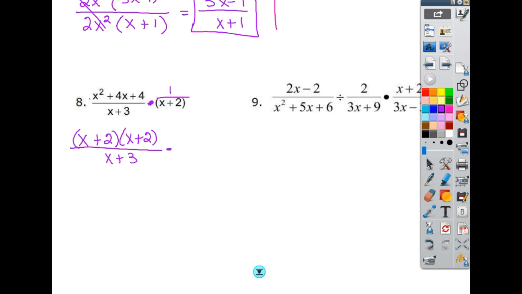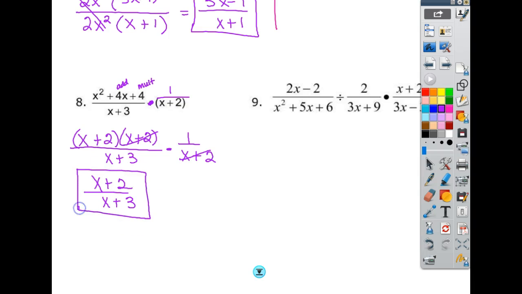Just do what multiplies that adds. Only do the grouping when you have a number in the front, when it starts out with a number in the front. Okay, over 1 over x plus 2. Y'all might be already ahead of me on this. Okay, those cancel out. We're left with x plus 2 divided by x plus 3, or over x plus 3.